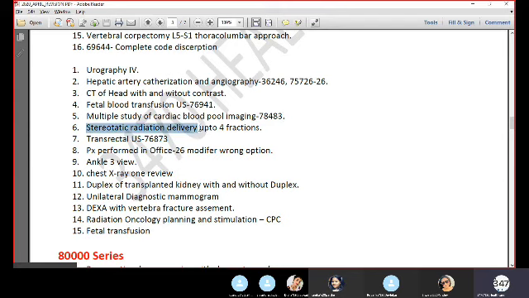Then, what is the code for stereotactic radiation delivery up to 4 fractions? This is also 773. Yes, yes. Tell me the code.